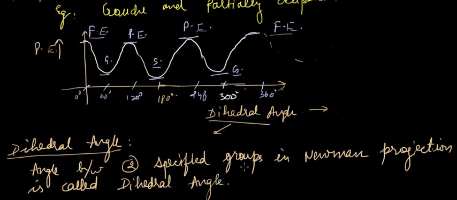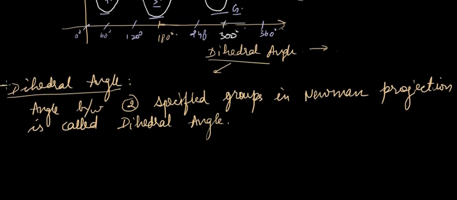Okay, and what are skew conformers? Again, by the definition, all conformers which are found in between eclipsed and staggered form are known as skew conformers.